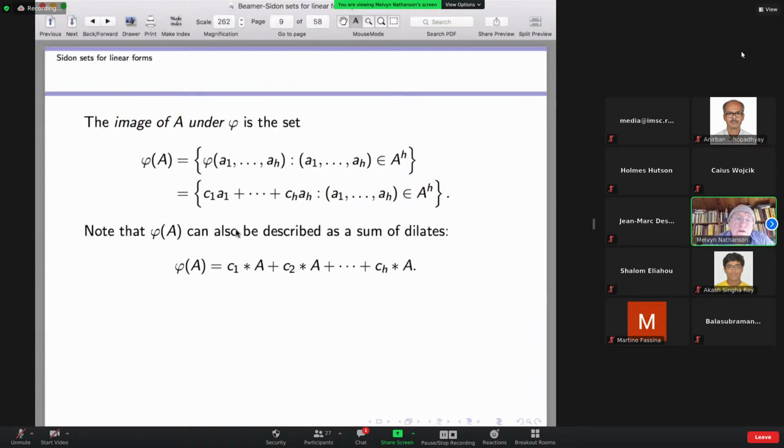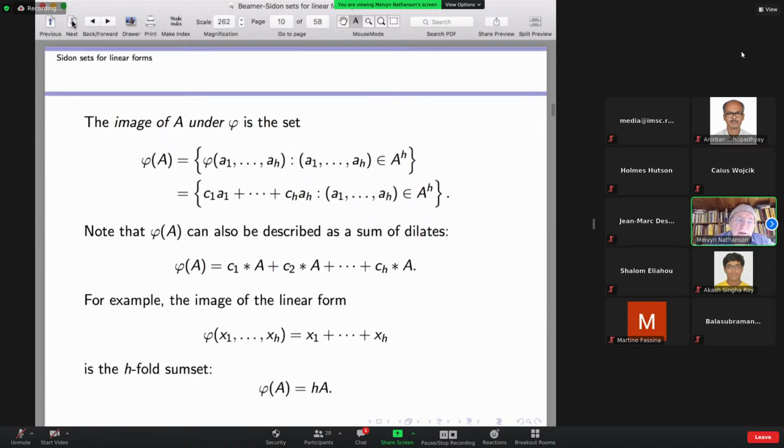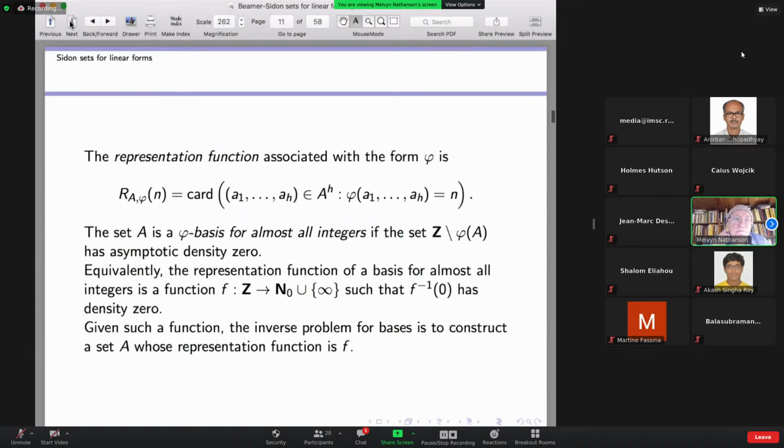You can also express this as a sum of dilates, and using the language of sum of dilates, there's a very large literature on the size of such sets. If you take the simplest linear form, with all the coefficients equal to 1, x_1 + ... + x_h, then the image under this phi is just the h-fold sum set.